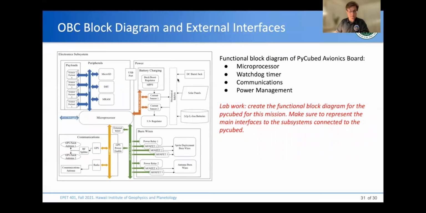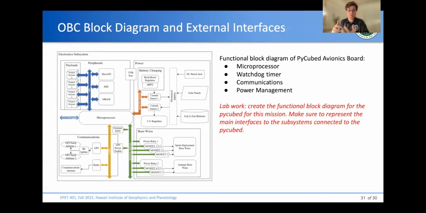And then we have the block diagram focusing on the OBC itself. We want to adapt this diagram, and create a diagram that represents the exact hardware that you will be using and the functions from the PyCube and the BeagleBone, so that you know exactly how your computer is behaving.